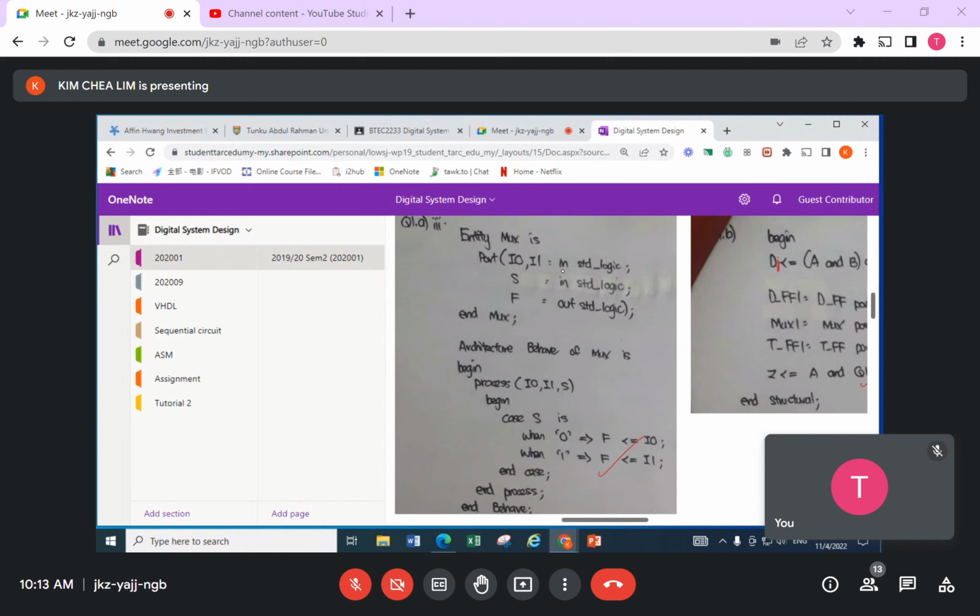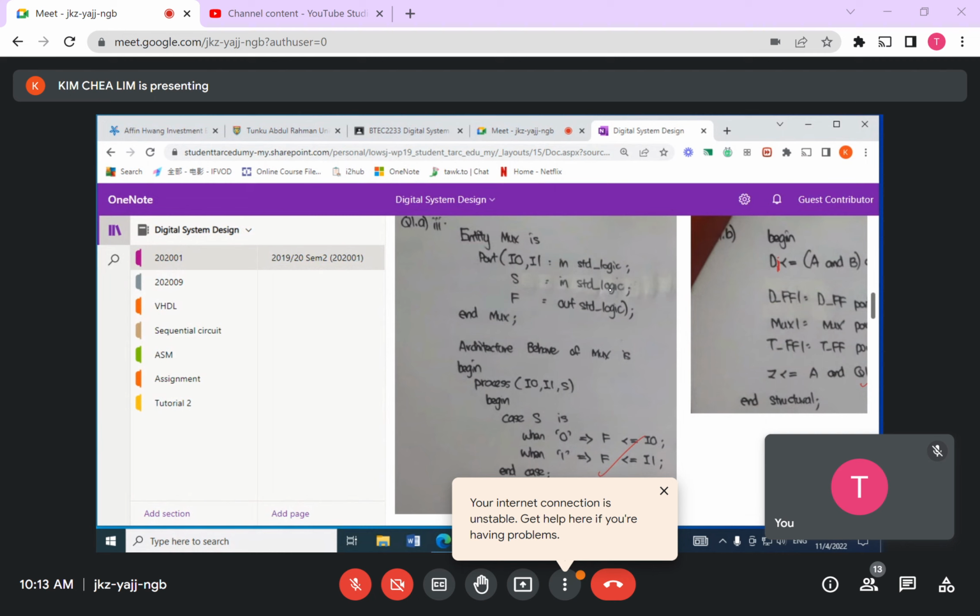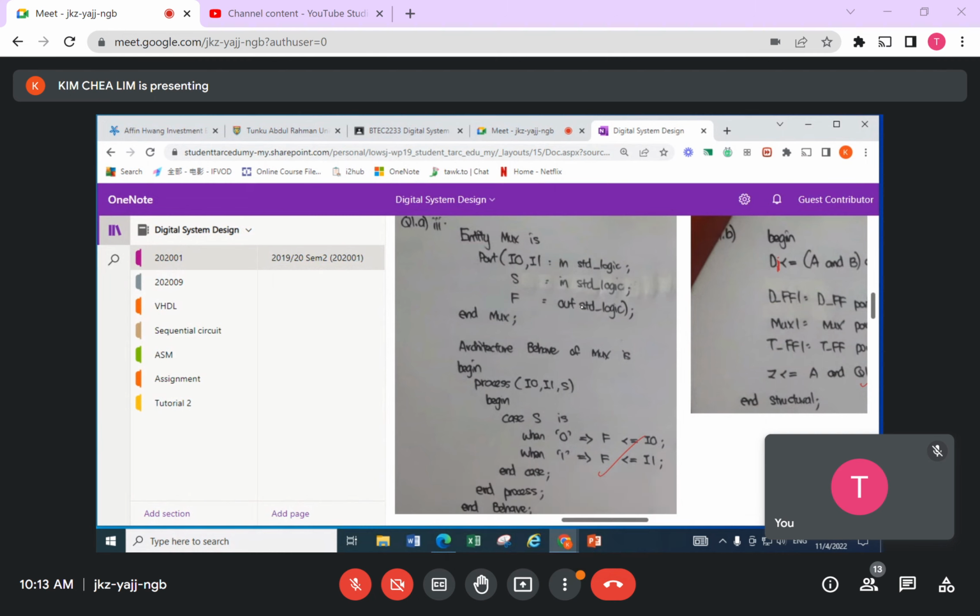So this one here is standard logic, 2 inputs, 1 bit only. If it's more than 2 inputs, let's say 4 inputs, remember I must use vector, because they always come together. My F here is a standard logic, so this part is correct. Multiplexer, same name, correct. Architecture behavior of multiplexer is begin.